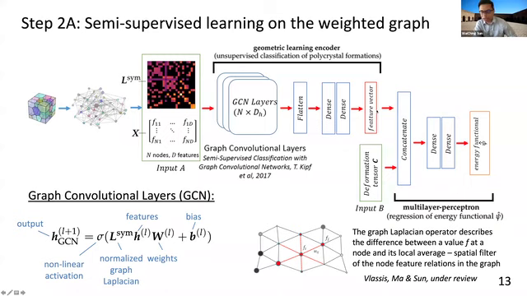So what actually happens is that we use these two as the input, and then they pass through the graph convolutional layer to generate a low dimensional feature vector. That feature vector is used as one of the inputs in the supervised learning branch to change the stored elastic energy.